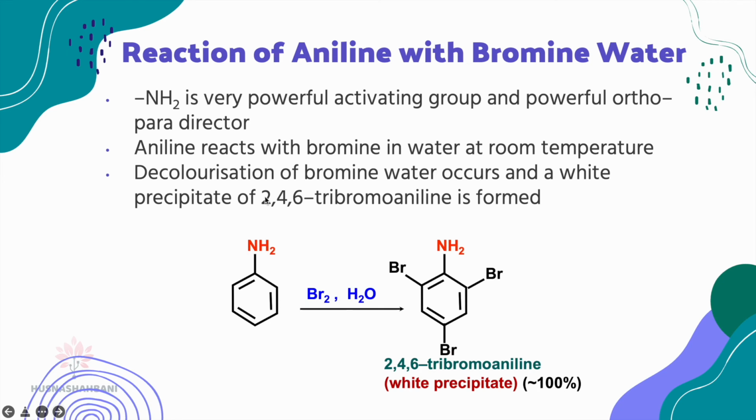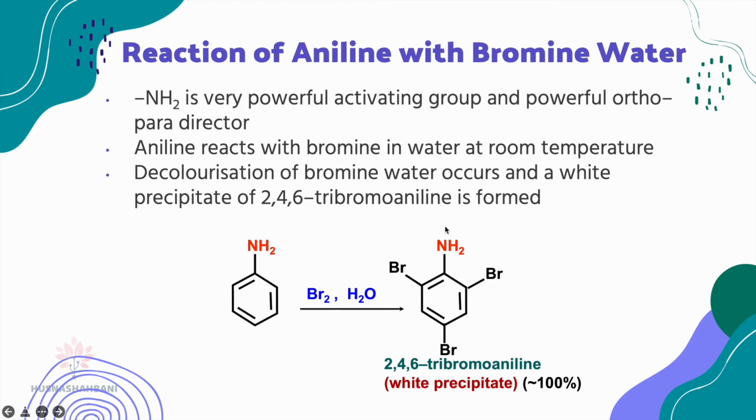The white precipitate is the product, 2,4,6-tribromoaniline. Why is the position 2,4,6? Because NH2 is a very powerful activating group and a powerful ortho para director, so it will be at ortho and para.